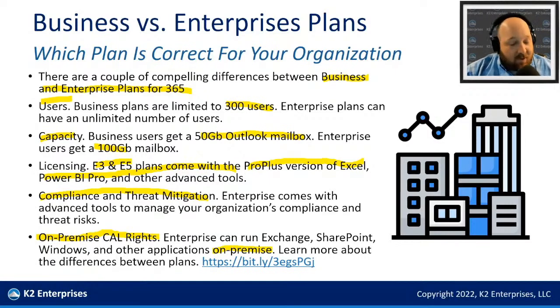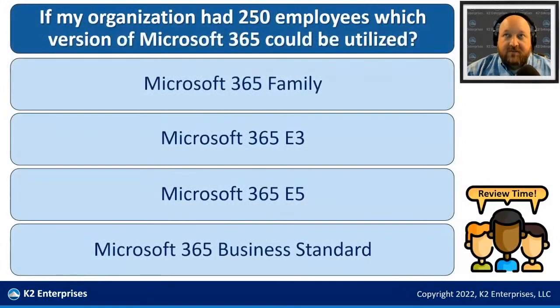I'm so happy I don't have to ever install or manage Exchange or SharePoint again. But if you really want to get a nice big headache for yourself, you can go ahead and install and run these locally if you so desire. I'll point out the price is the same. You're still going to pay for all the cloud stuff, but now you have all the headache of having to run it yourself. All right, let's have a review question on 365.